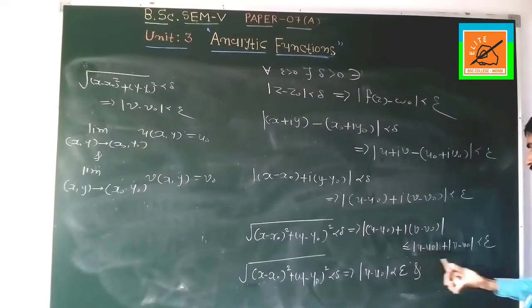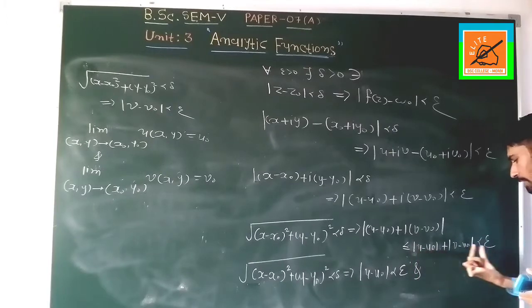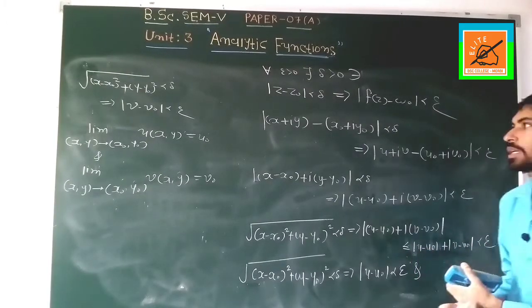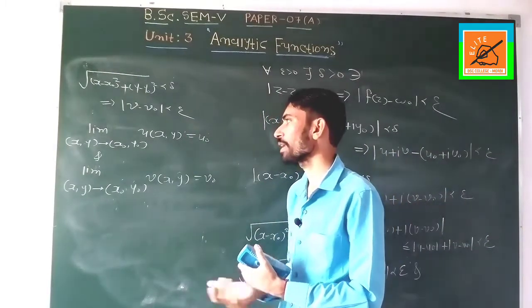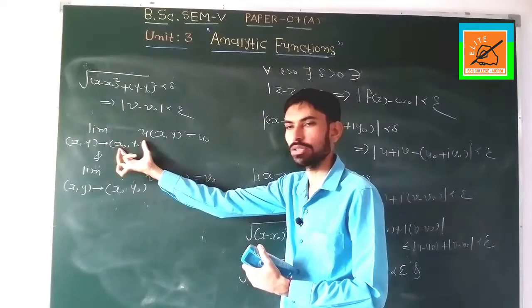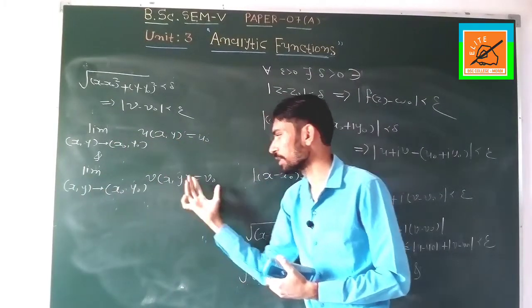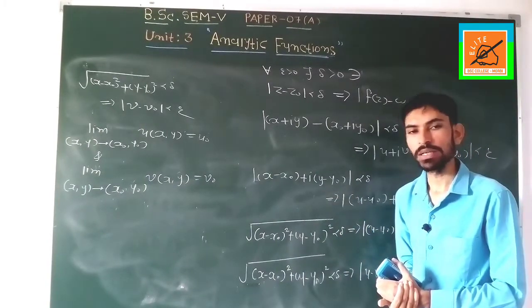So here addition of two terms is less than epsilon, that means each term is less than epsilon, that means mod u minus u0 less than epsilon and mod v minus v0 less than epsilon. And here becomes the definition of limit of two variable function. So we write the limit xy tends to x0 y0 u is equal to u0 and limit xy tends to x0 y0 v is equal to v0. So this is the proof of our first part of the theorem.